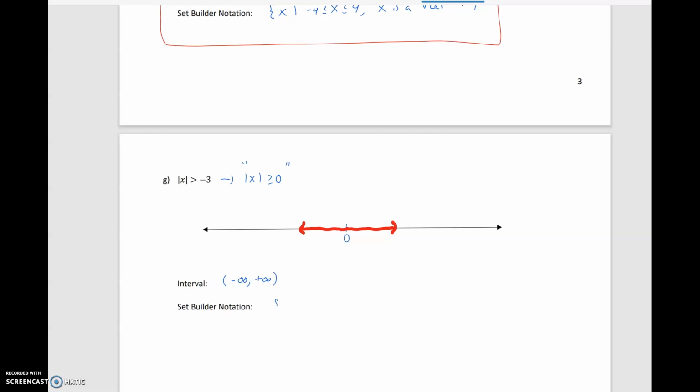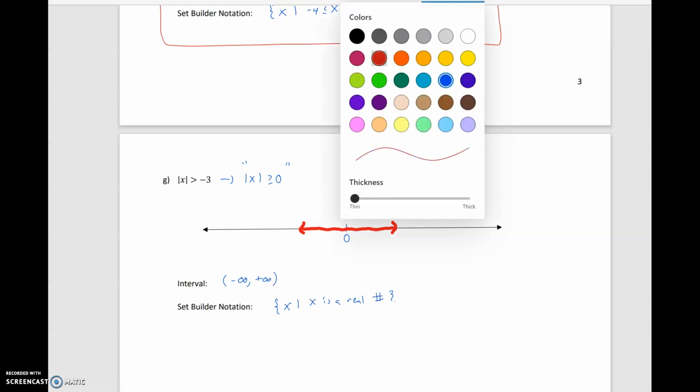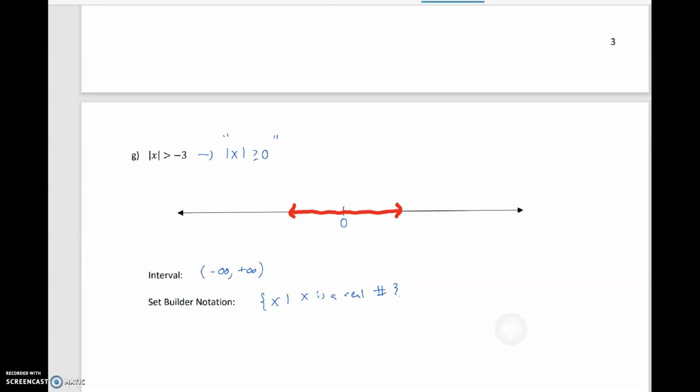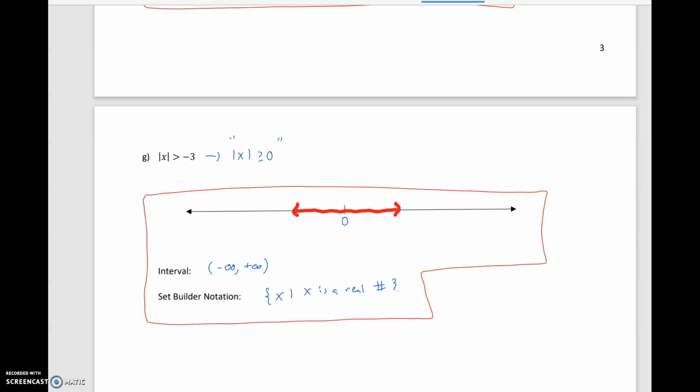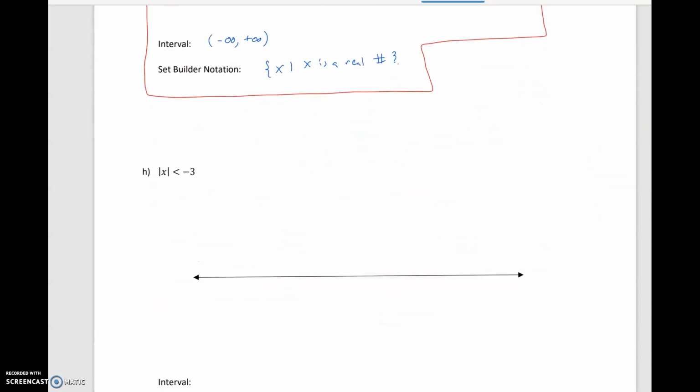So for the set builder notation, x is such that x is a real number. As I mentioned earlier, this one's a little bit tricky because any distance is always going to be greater than a negative number. The minimum a distance can be is 0. Now, G represents all real numbers since all distances are greater than or equal to 0, and it should not be confused with H.